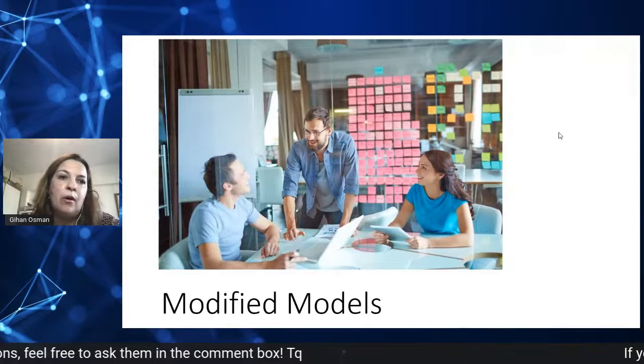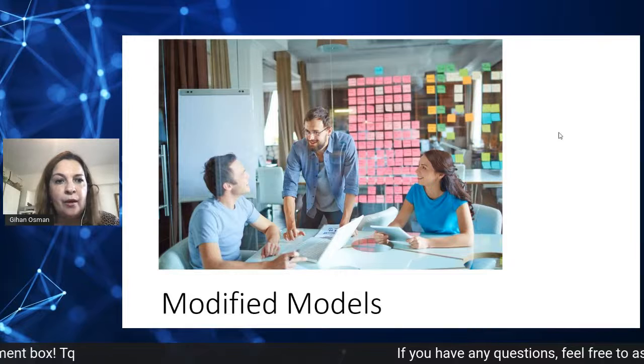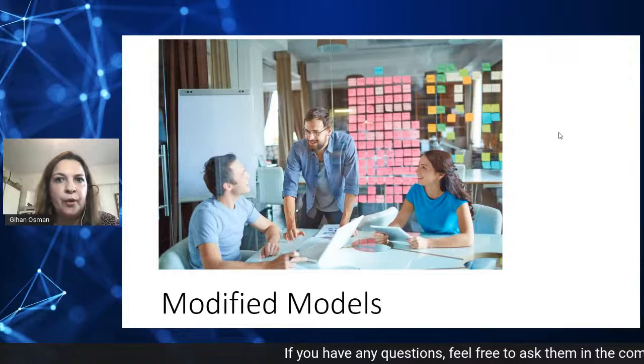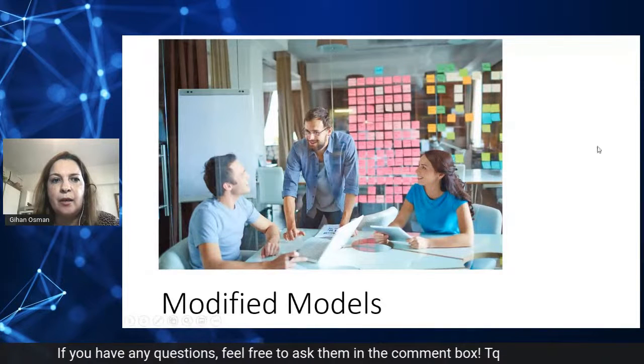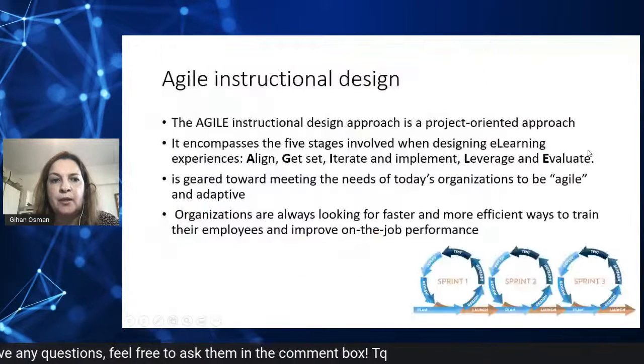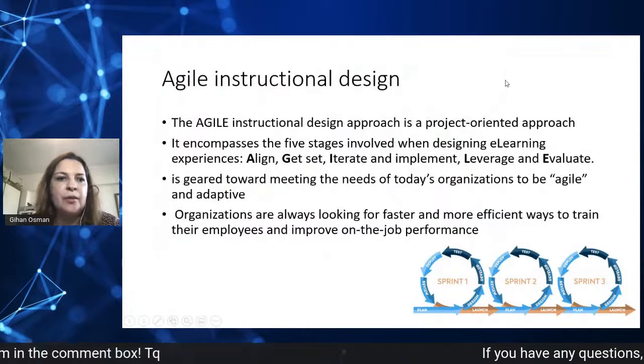I'm thinking more of modified models, and I started to think of frameworks that were within the field and outside the field. And so the first model that I thought might be important for us to think about is agile instructional design.